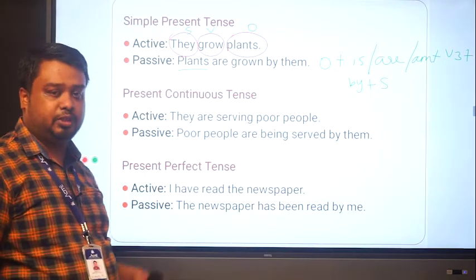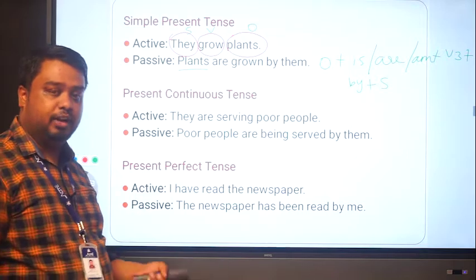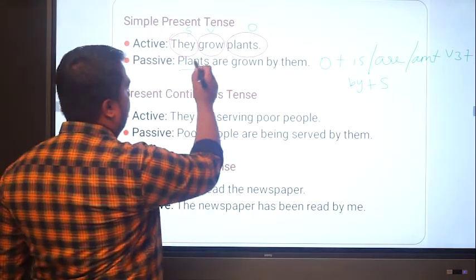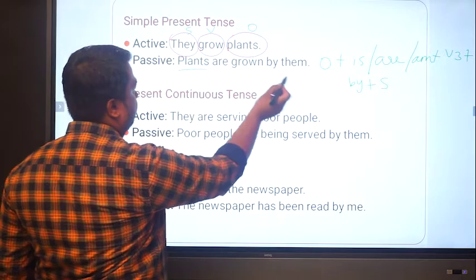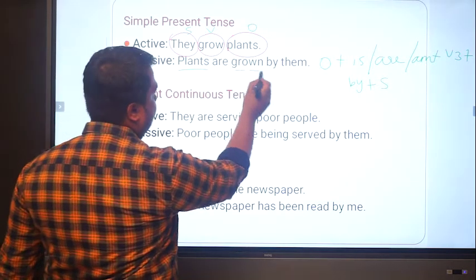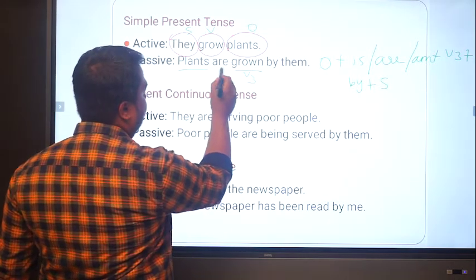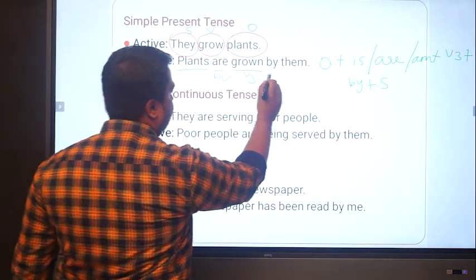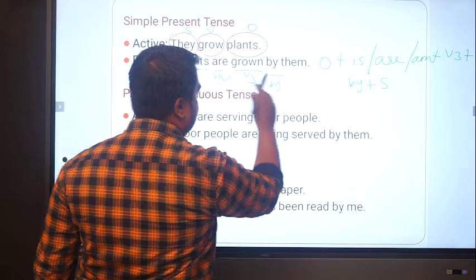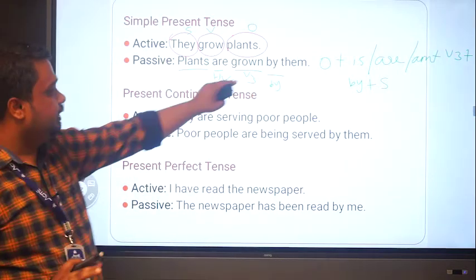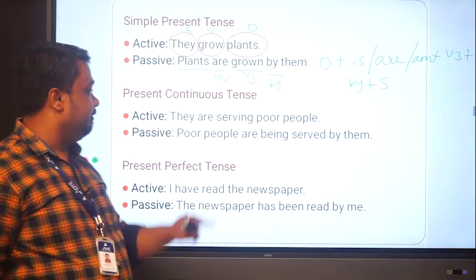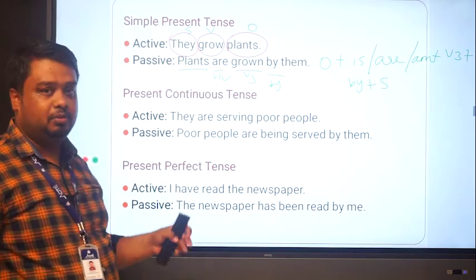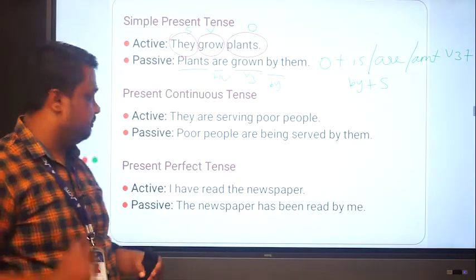Now second tense, present continuous tense. Same steps, all the 5 steps: we have to identify, we have to swap, we have to add V3 form, add the helping verb, and add by. So here is, are, am. But when we come to present continuous tense, same steps, but things get changed a bit.